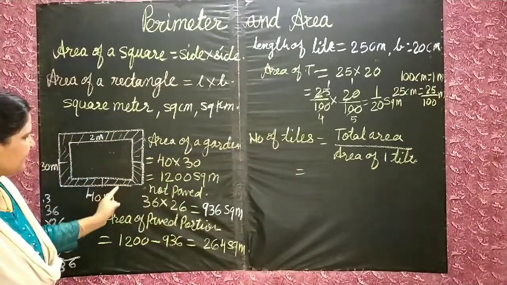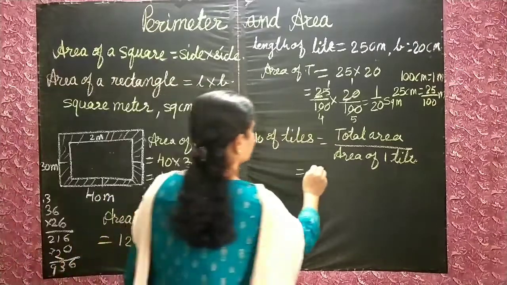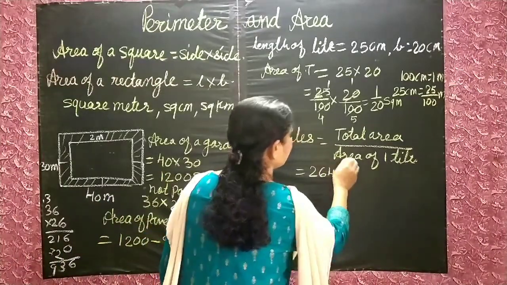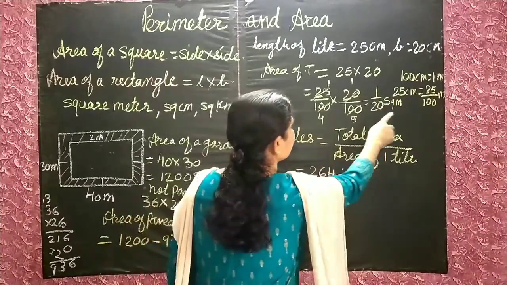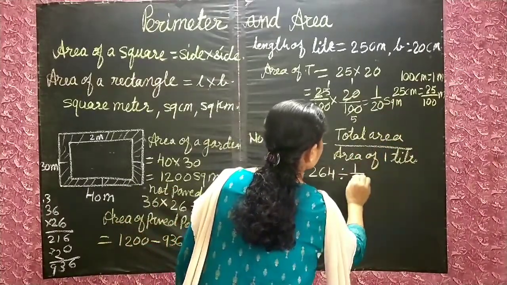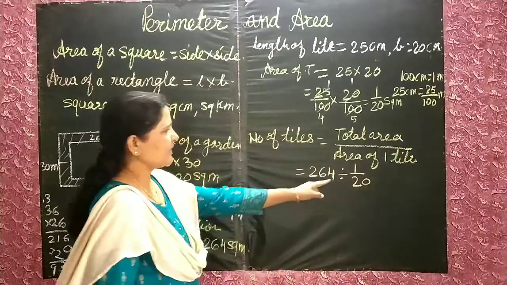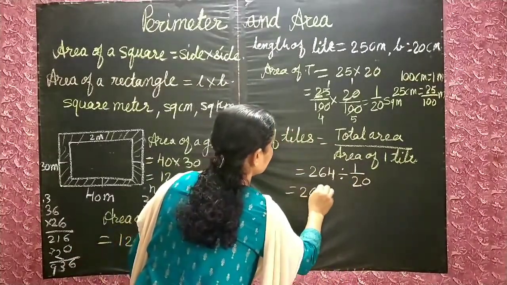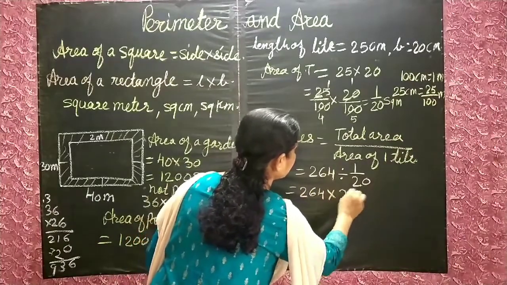This shaded portion, 264. So 264 divided by, upon means divided by, the area of one tile, which is 1 upon 20. Here it is divided, here it will multiply. 264 multiplied by 20.